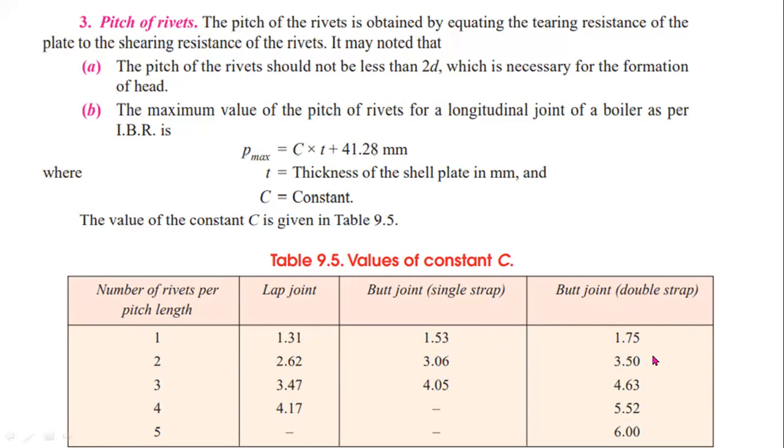Double riveted double strap butt joint, 3.50. Triple riveted double strap butt joint, 4.63. Quadruple riveted double strap butt joint, 5.52. These all are the constant values.